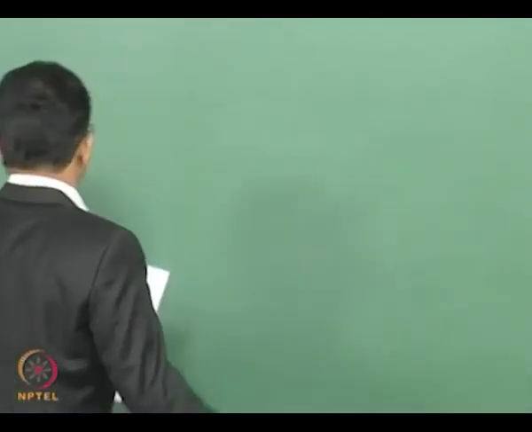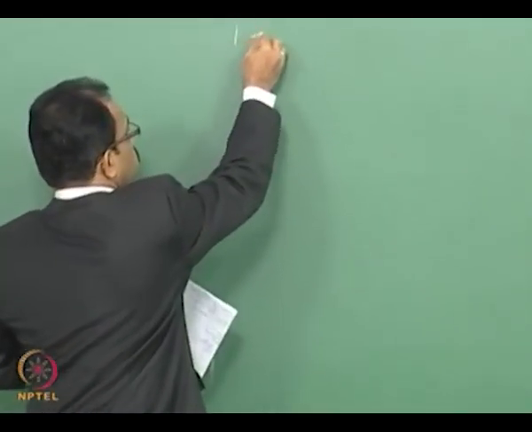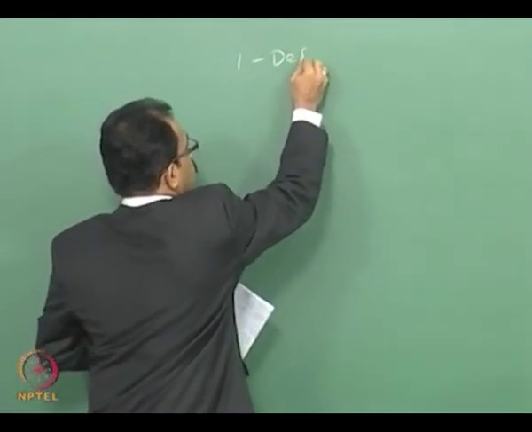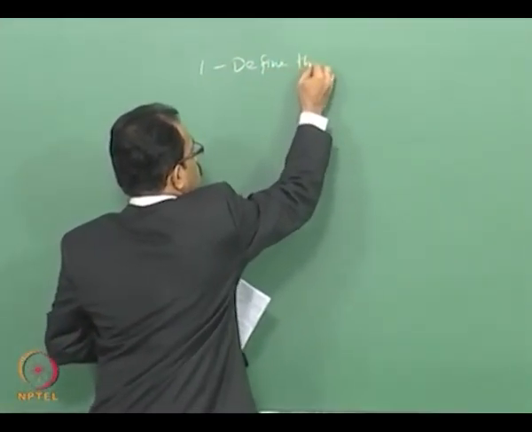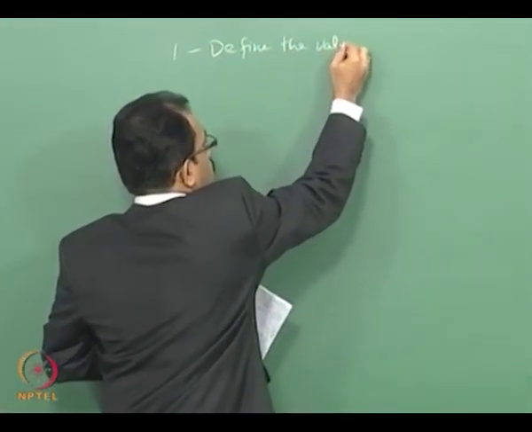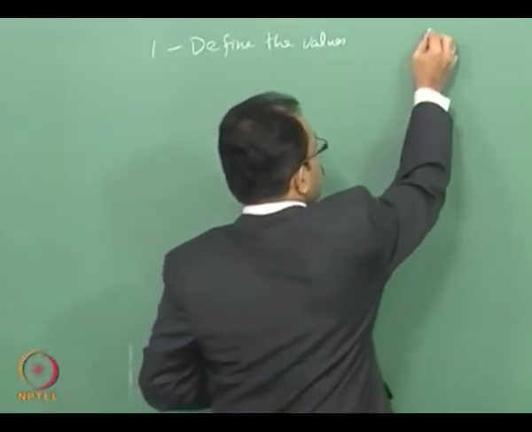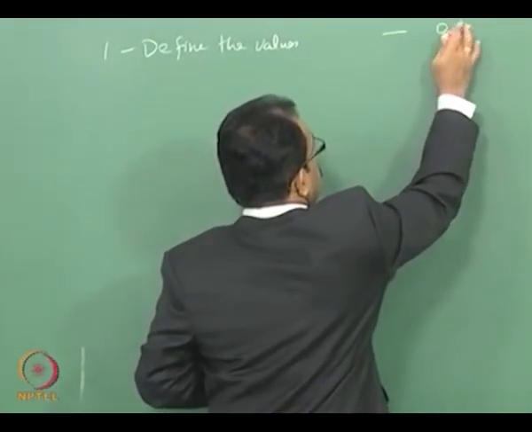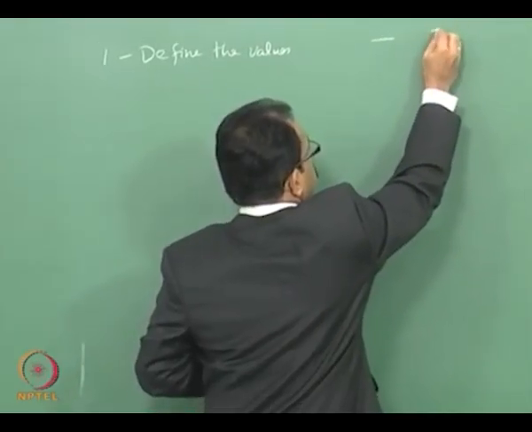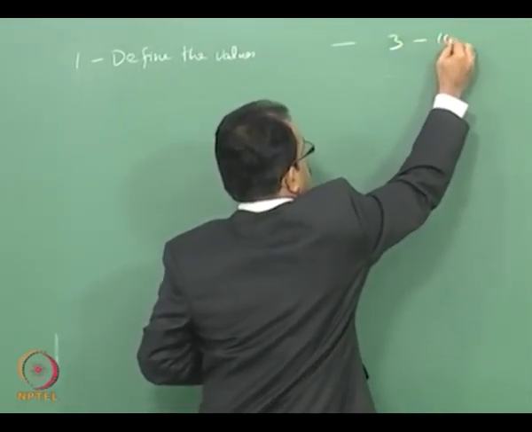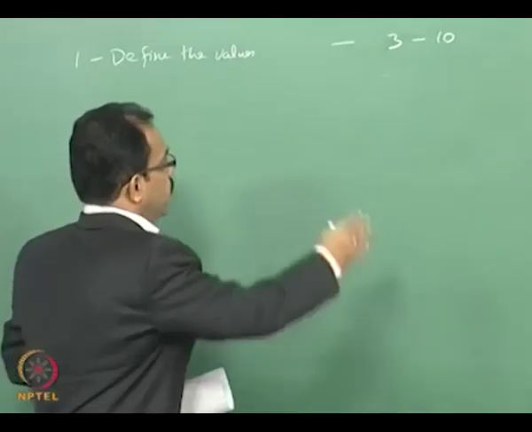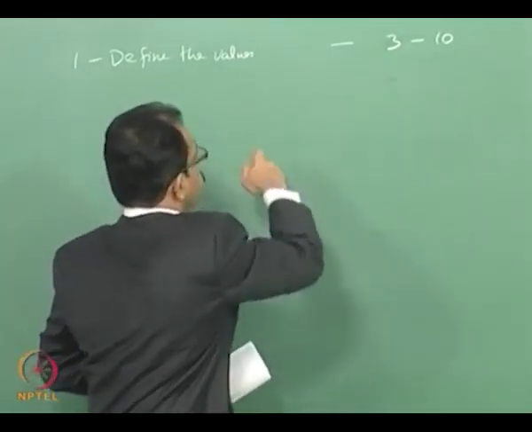So as I mentioned, the first task is basically to define the values. So define the values basically for each objective. So we can say that the time in system has a minimum value of 3 seconds and the maximum is 10 seconds. So we can actually define this kind of minimum to maximum values for any function.